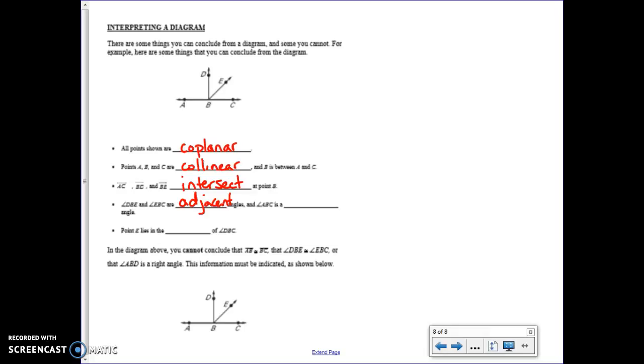So DBE, if you want to trace that, and EBC are adjacent angles. And angle ABC is a straight angle. You trace that one as well, ABC. Point E lies in the interior of angle DBC. Okay, so all of those things are true. We can see that from our picture.